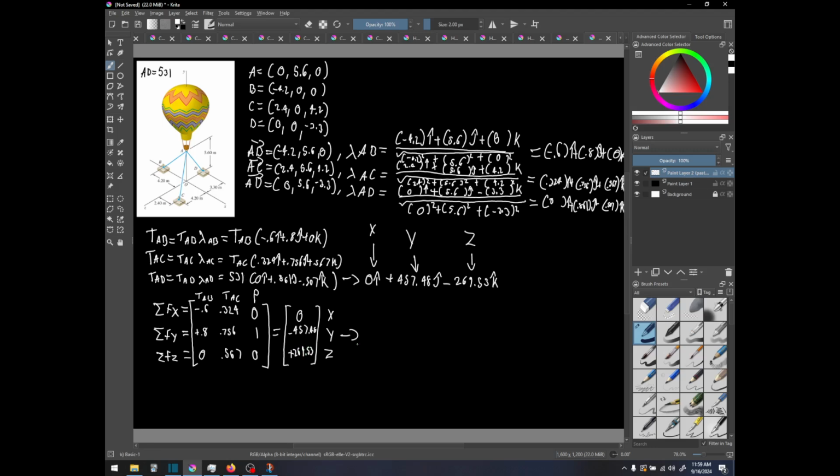And what this is going to give us, if we do the inverse, is the variables in our vector left to right go top to bottom. So if it's TAB, TAC, and P, left to right, top to bottom, it would be TAB, TAC, and P.